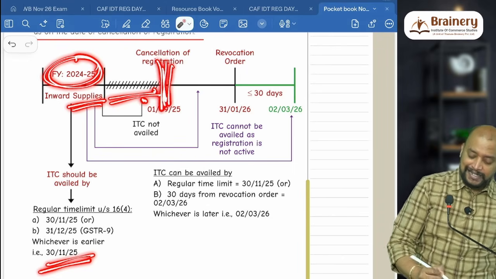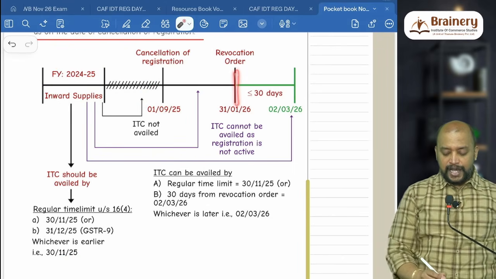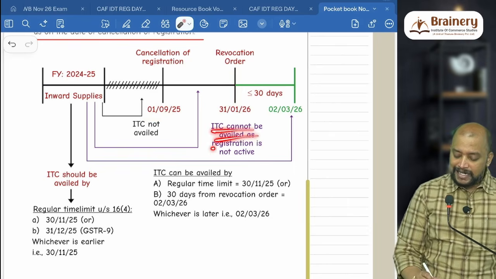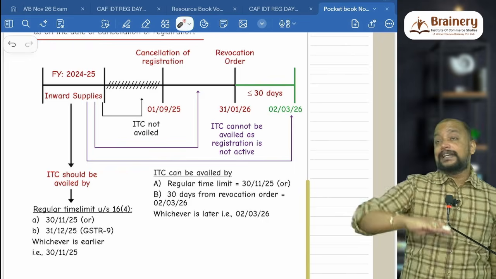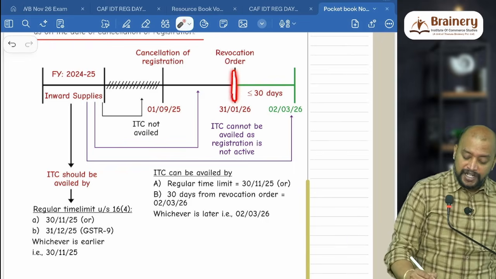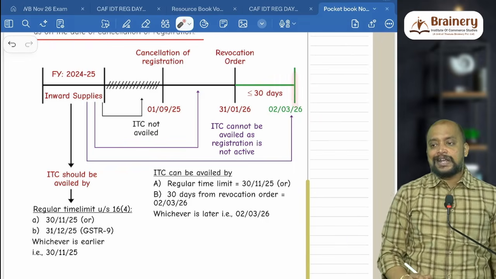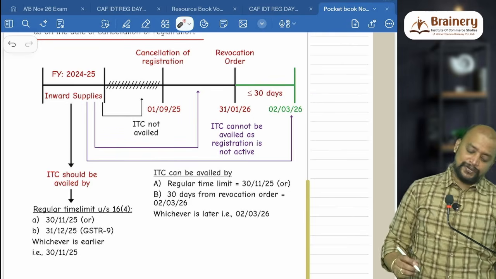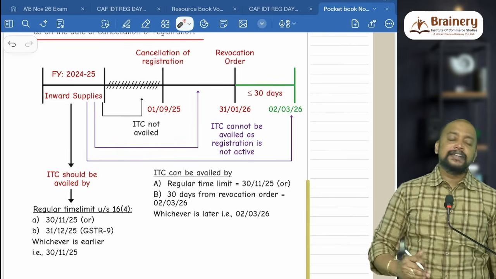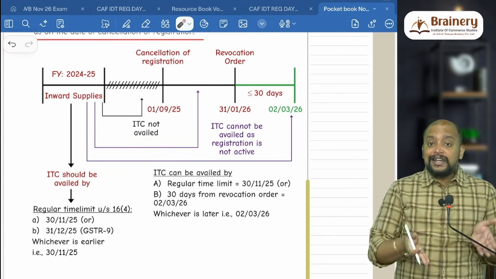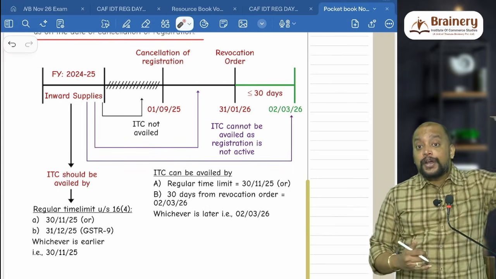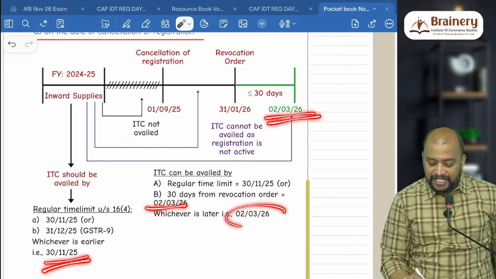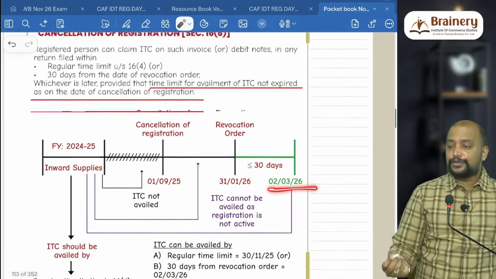Now, from the cancellation of registration till the revocation order, during this period, they cannot avail ITC as the registration is not active. And at a later point of time, that is after the revocation order, within 30 days, that is as on 2/3/2026, within 2/3/2026, they can avail the ITC because the time limit for revocation of cancellation is the regular time limit 30/11 or 30 days from the revocation order, whichever is later, 2/3/2026.